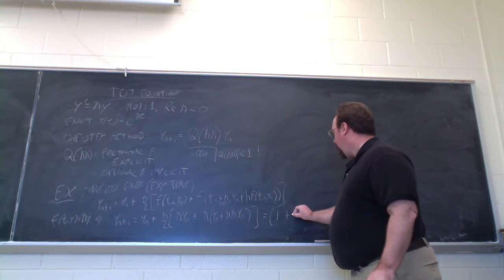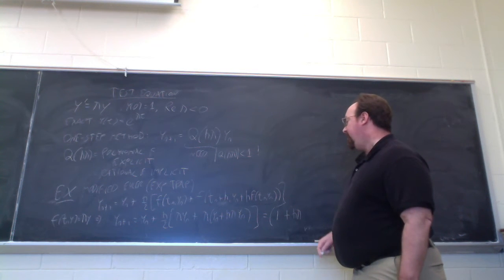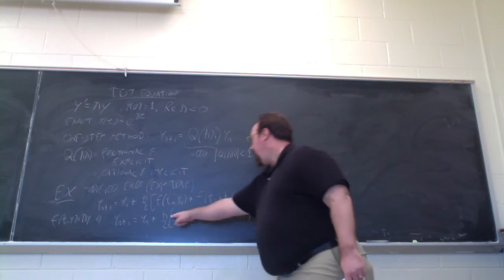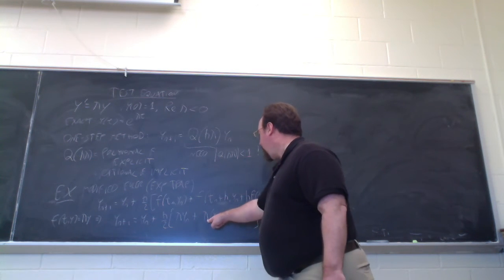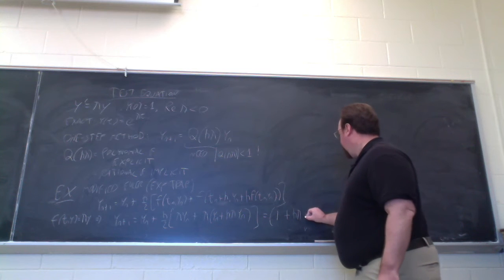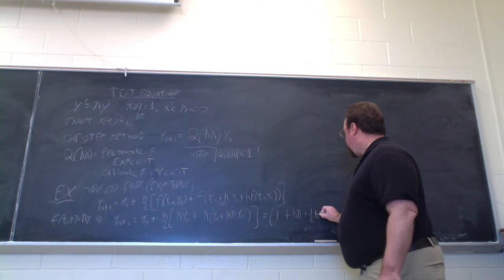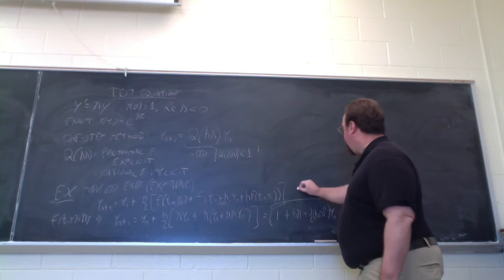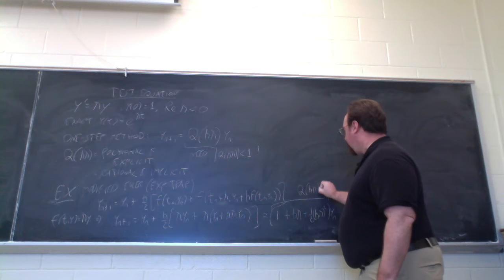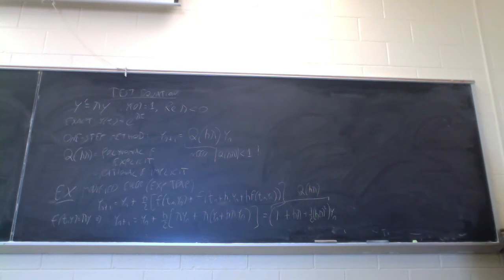So it's h lambda. And then when you expand everything out, you get h squared lambda squared over 2. So 1/2 (h lambda) squared times y_n. So this factor right here, notice, like I said, it's a polynomial in h lambda. It's a polynomial because this method is explicit.